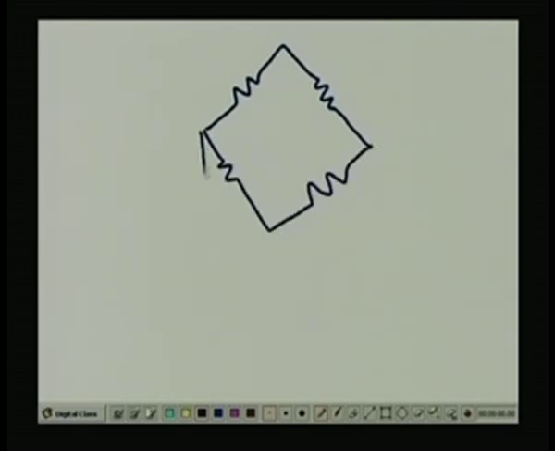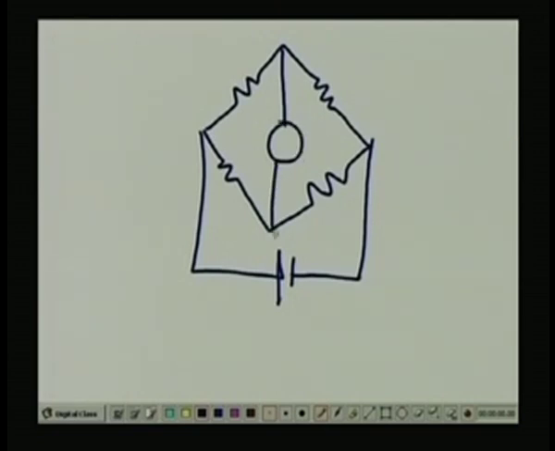So, in the balanced bridge, I have four resistances. This is my output voltage, this is resistance. Let us take a Wheatstone bridge.